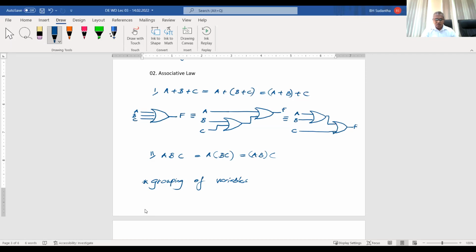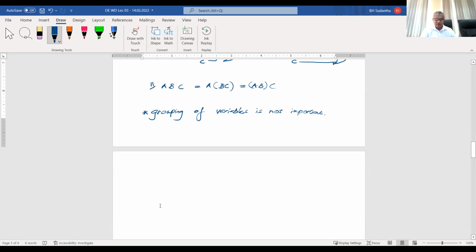If you group these variables, it's not important. This is a summary. This is a simple idea behind this theorem. Okay. Third one.